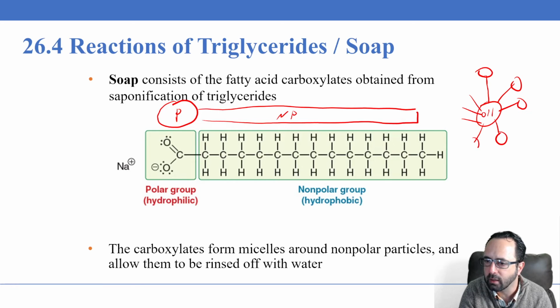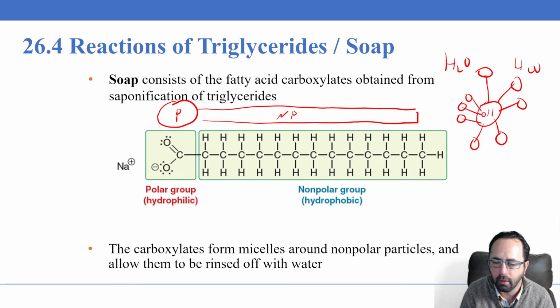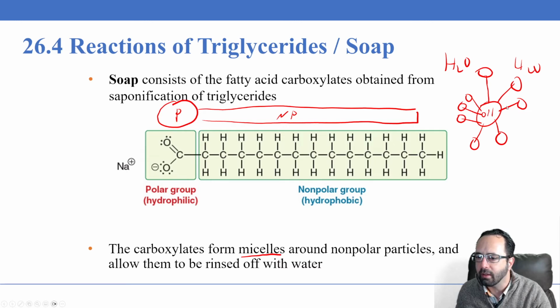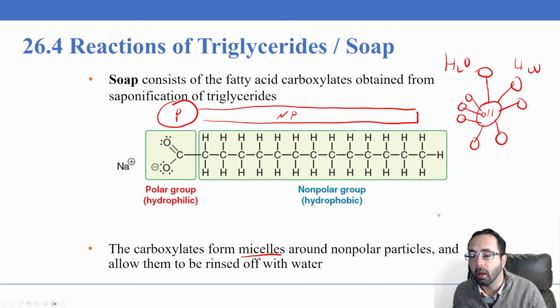They are not attracted to the oils. They are more attracted to water. So on the outside here will be water. And they will form what's known as a micelle. This is a micelle. And that micelle will now solvate the oils, allow this droplet of oil to dissolve in water, and then it can be washed away with water.